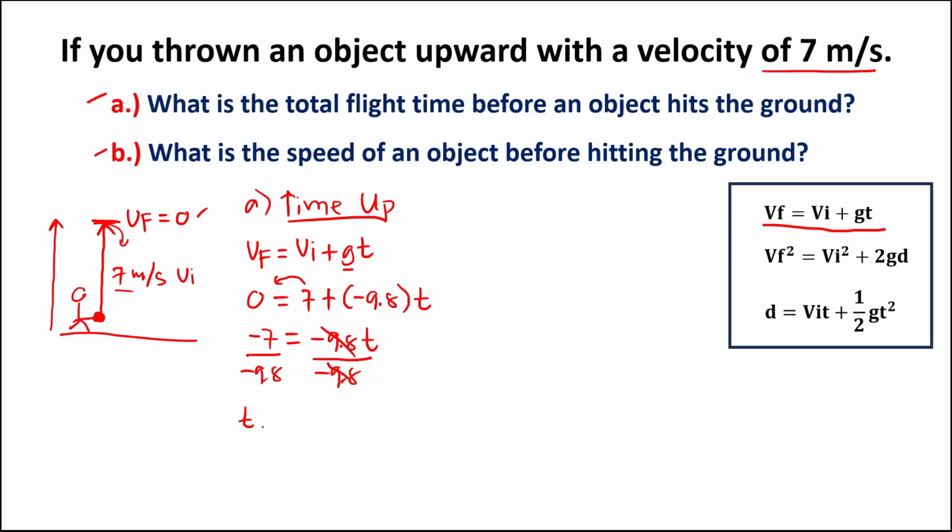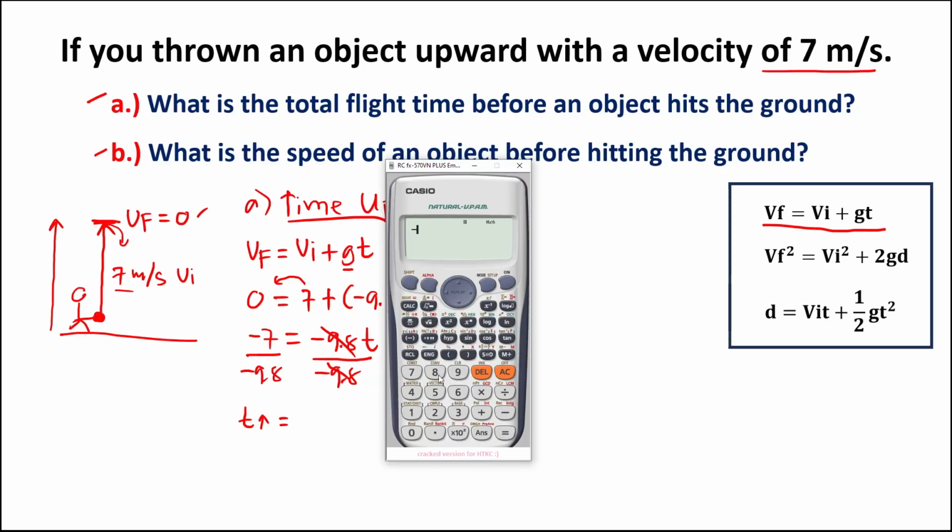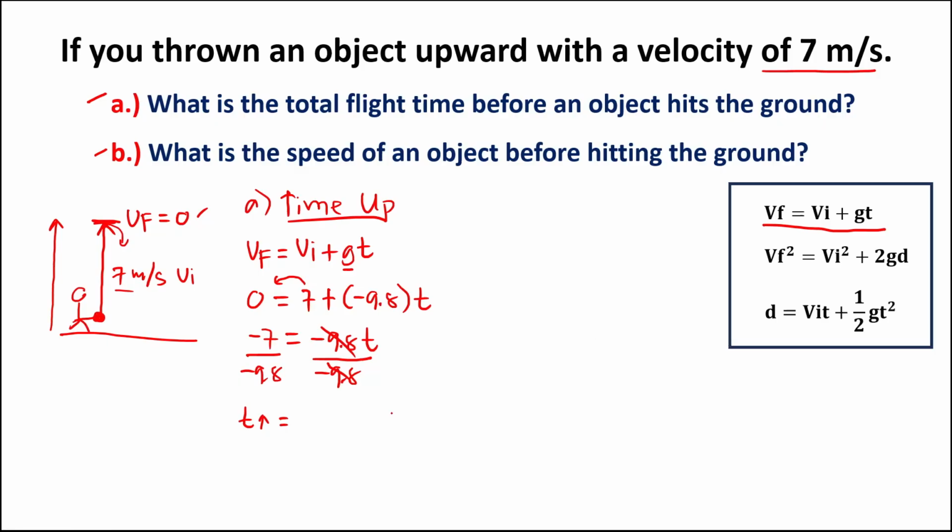Therefore, the time up equals negative 7 divided by negative 9.8, which equals 0.71. So the time up is 0.71 second.